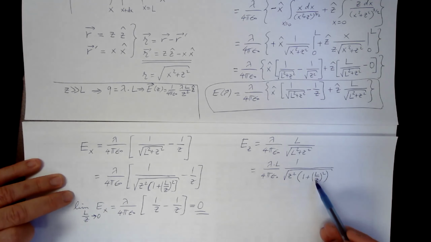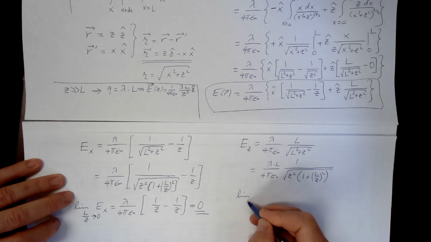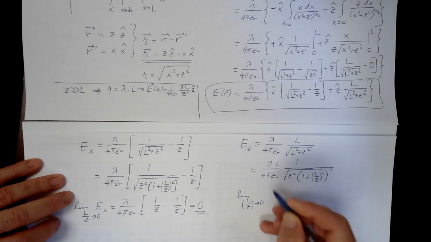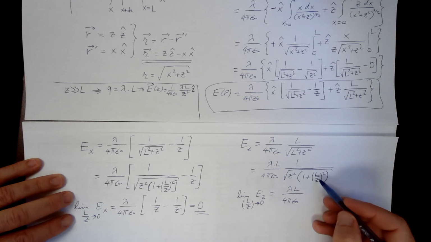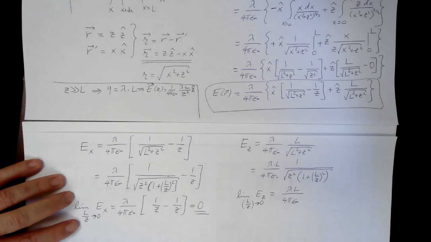Now again, I'm going to look at the limit when L over z goes to 0 of E_z. Then I would have lambda L over 4 pi epsilon naught. And then here, this L over z approaches 0.